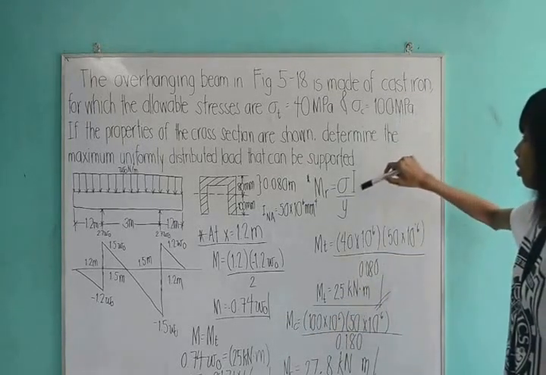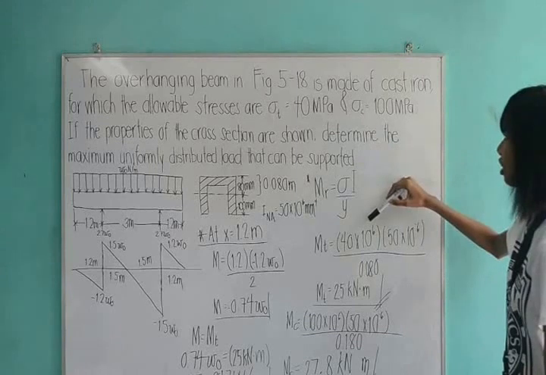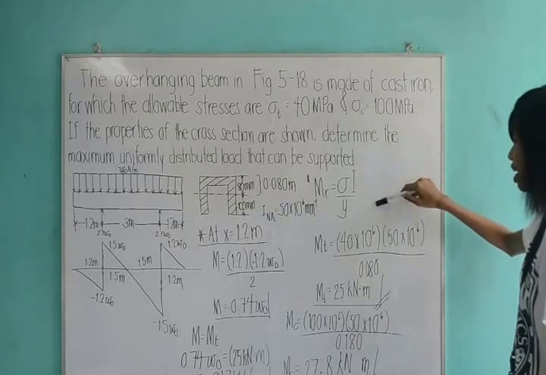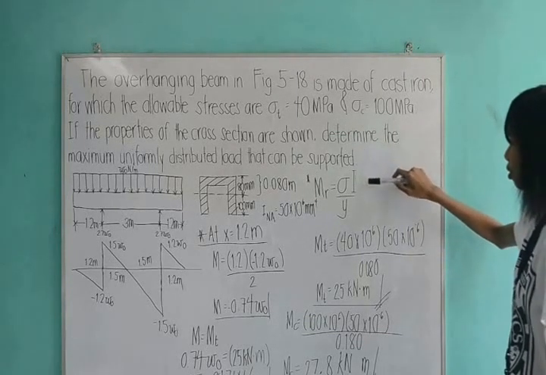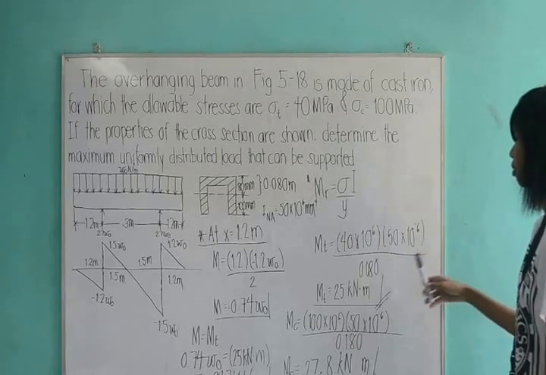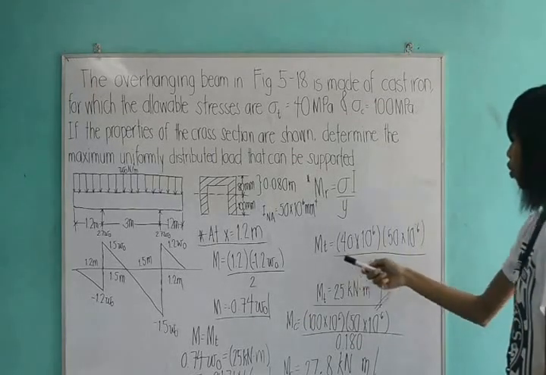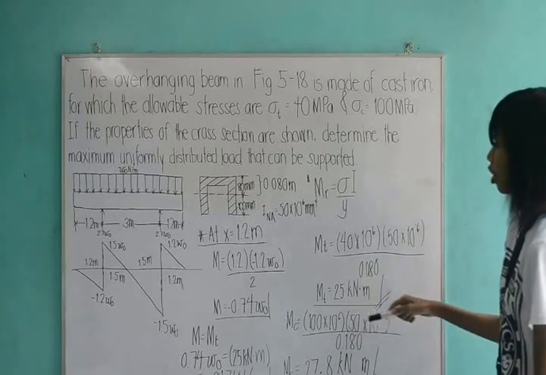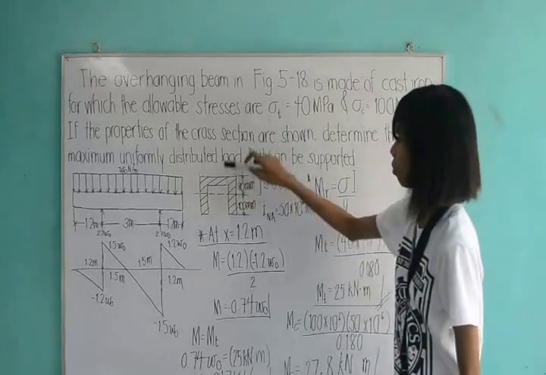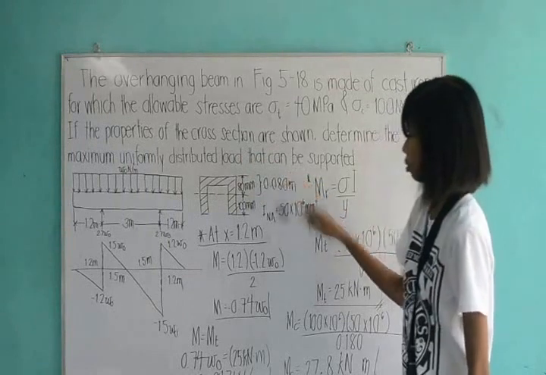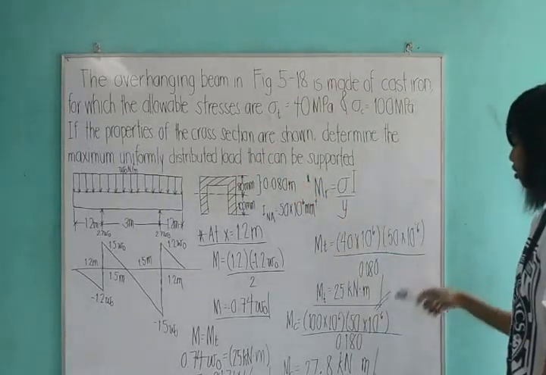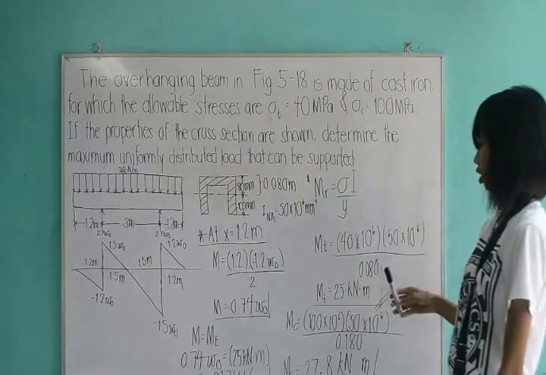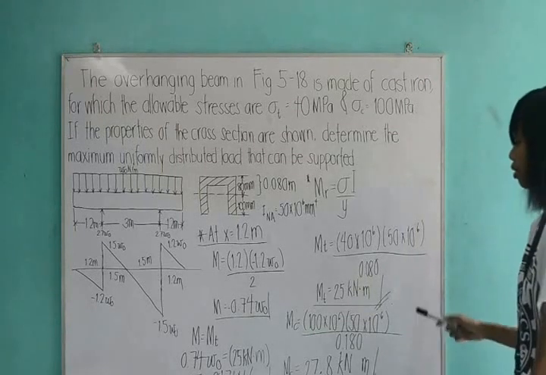So the stress in tension is 40 MPa, then multiply it by I, which is 50 times 10 to the negative 6, over 0.080 meters, because the upper fiber is 80 millimeters. And that corresponds to 25 kilonewton meters.